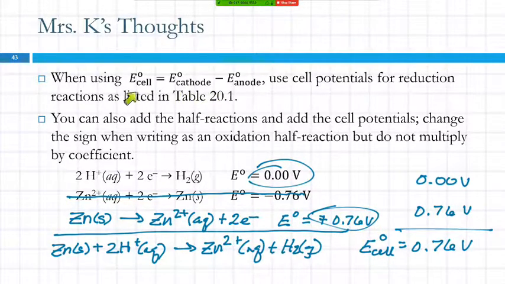To calculate that this way, I need to identify which of these is the cathode and which is the anode. This is the cathode reaction, and this is the anode reaction.